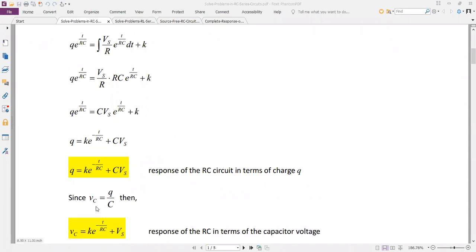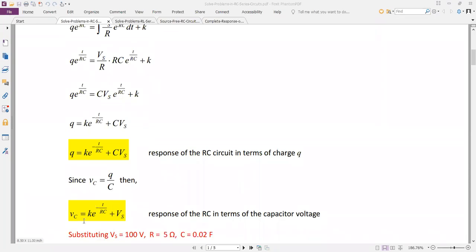Now, since we know that the voltage drop across the capacitor is Q over C, we can change this Q in terms of V sub C and C. So in that case, you will have an equation now in terms of the capacitor voltage. You see this particular subscript C on the voltage that represents the voltage drop across your capacitor, or simply the capacitor voltage.